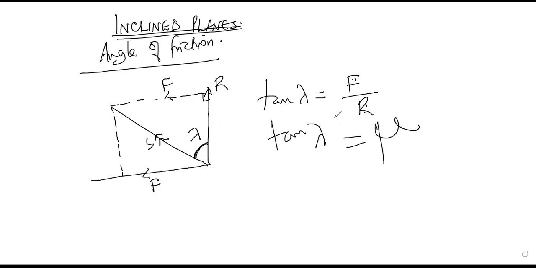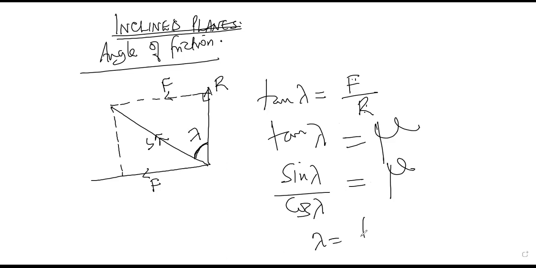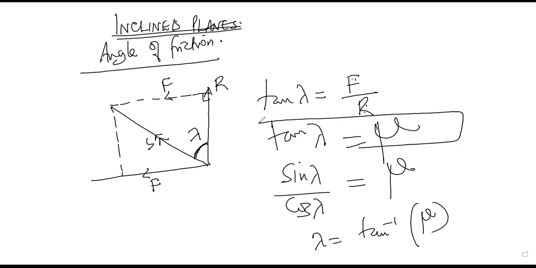But what is tan? Tan is the same as sine lambda over cos lambda, and this is equal to mu. Implying that lambda is the same as tan inverse of mu. But you need to know that wherever we are proving something involving mu, we can put sine lambda over cos lambda.